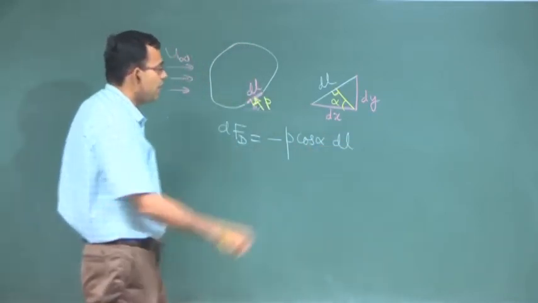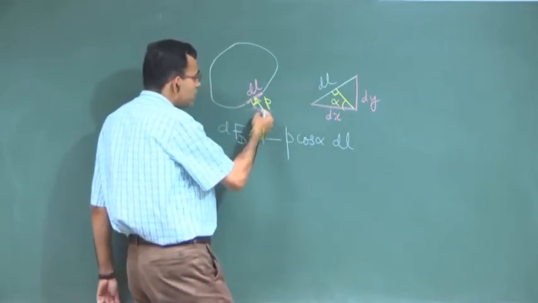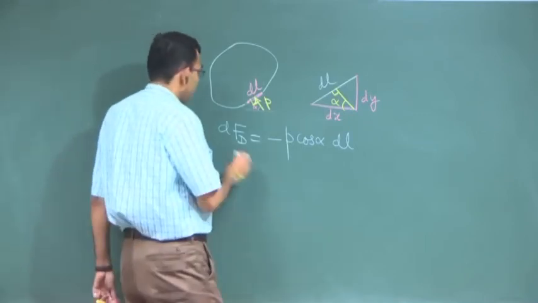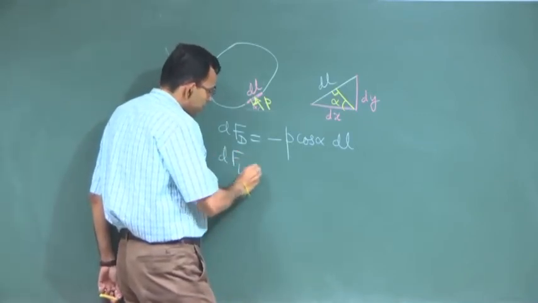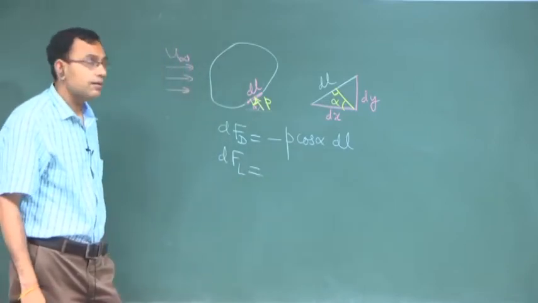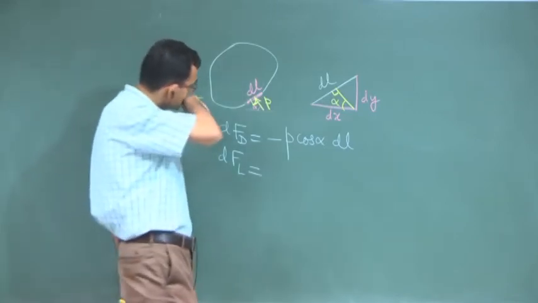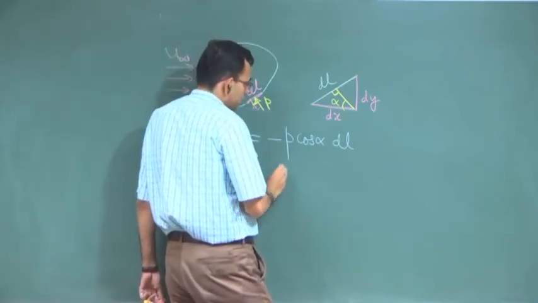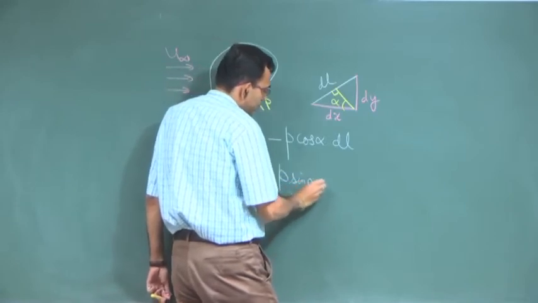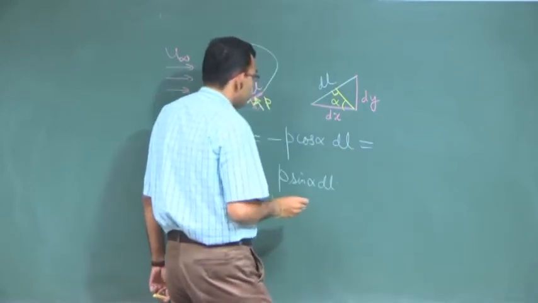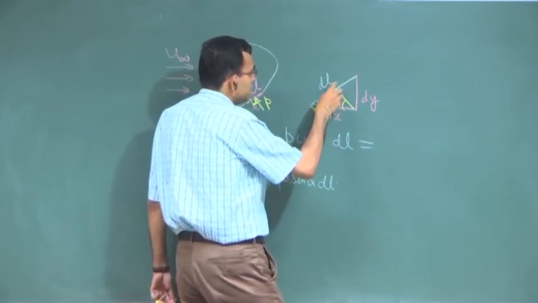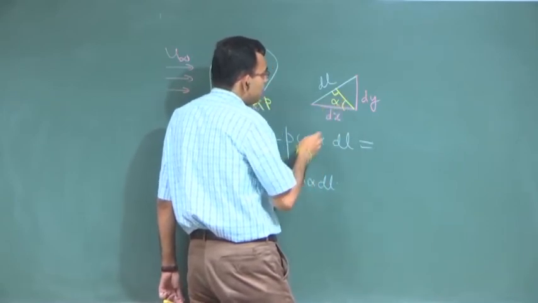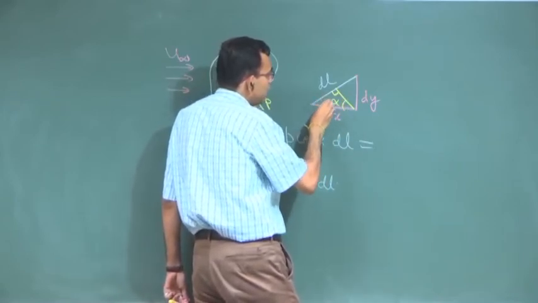right. Why minus? Because the P is in this way, so the horizontal component is along the negative direction of u infinity. And dFl, what is that? P sin alpha into dl. So, dl cos alpha is, so this angle is, if this angle is alpha, then this is 90 degree minus alpha.